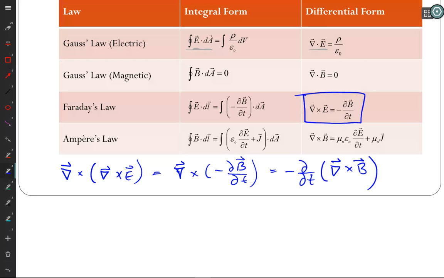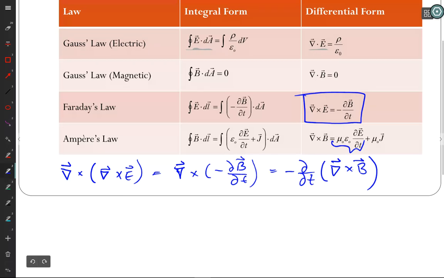I move the derivative with respect to time outside of the del cross because the gradient operator only depends on spatial coordinates, not on time, and that's a partial derivative. Now, we can see right away del cross B, we'll be able to substitute this in there. That's the last step in my process, so I'm not going to do it yet, but we can see where that's going to go.